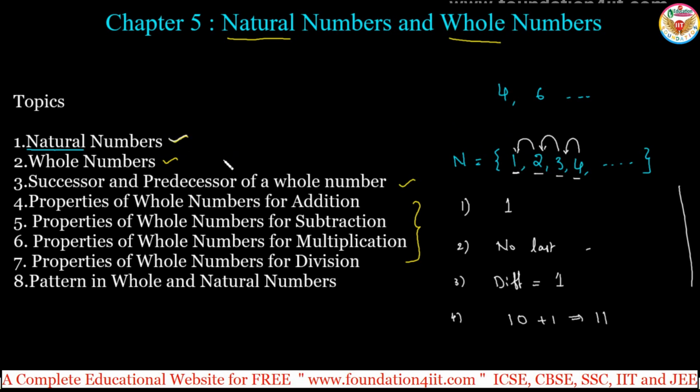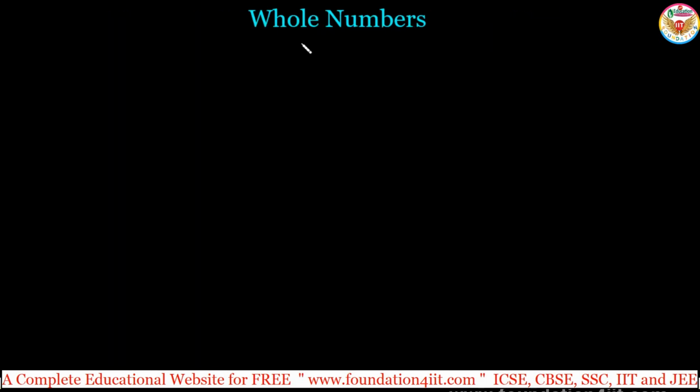Next we'll see the whole numbers, their properties, successor and predecessor, one by one. Now in whole numbers, we already discussed natural numbers. If you see the difference, natural numbers are denoted with N, starting with 1, 2, 3, 4, and so on. And whole numbers we denote with W. Along with the natural numbers, 0 is added extra.